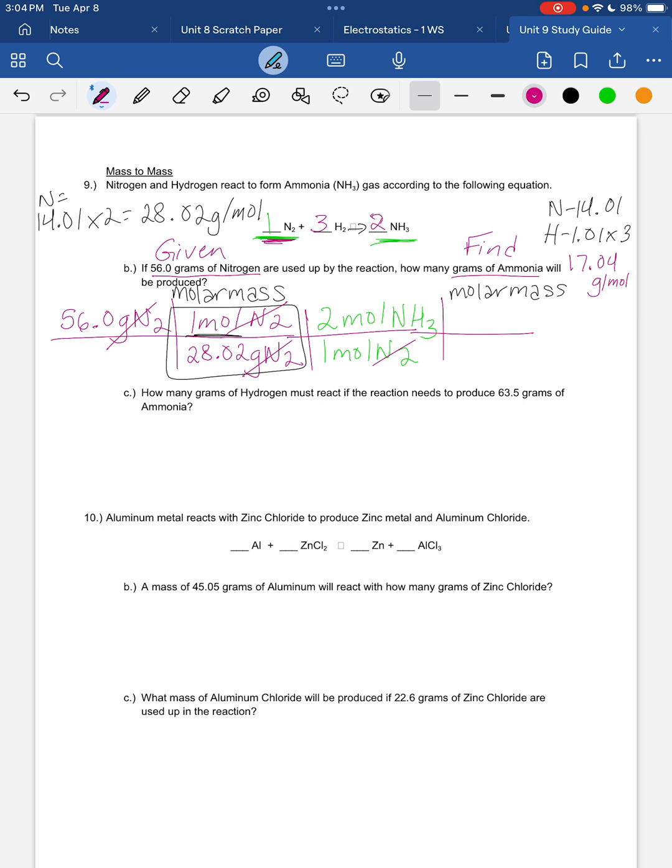We're in moles of ammonia on top, so that means 1 mole of ammonia is going to go on the bottom for every 17.04 grams of ammonia. We're going to go ahead and equal this out. Again, multiply the top, divide by your bottoms, and you should end up with 68.1 grams of ammonia. That should be your final answer here.